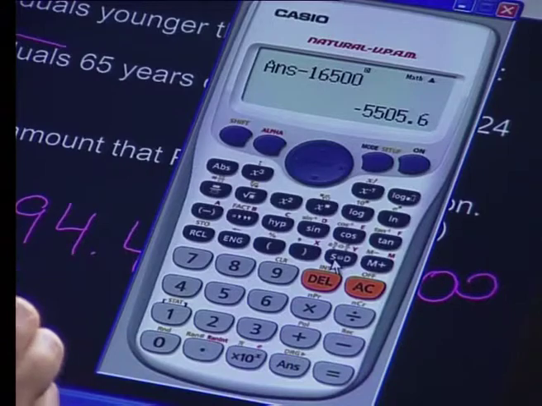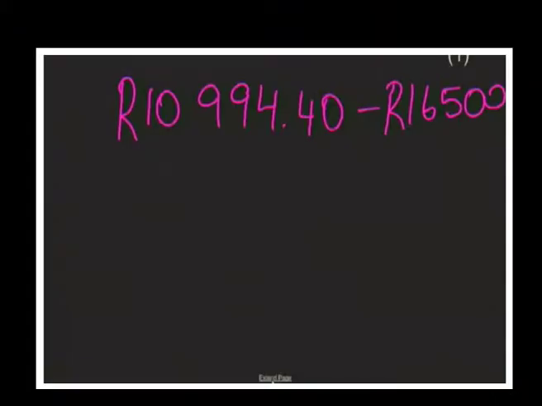The value actually is not important. We had a negative number, which means that the amount that she earned in tax was less than the amount that was exempt.